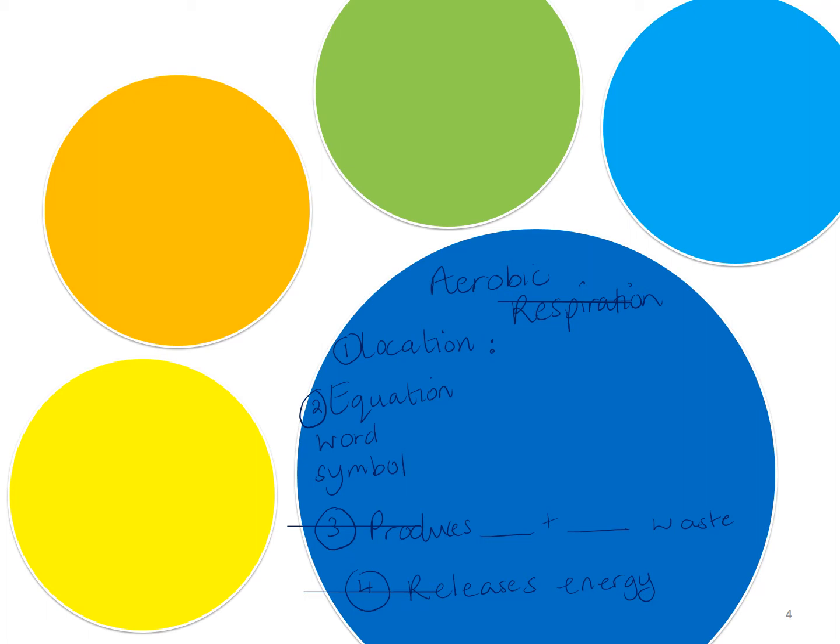Use your notes. If you can do it from memory, absolutely fantastic, you can use it to revise. If not, go back in your book, see if you can find that information and then write it down into that big circle for me. Once you've done that one, in the smaller circles, we're going to write down the other topics that we've learned and how they link to aerobic respiration. For the first one, we're going to do the lungs.